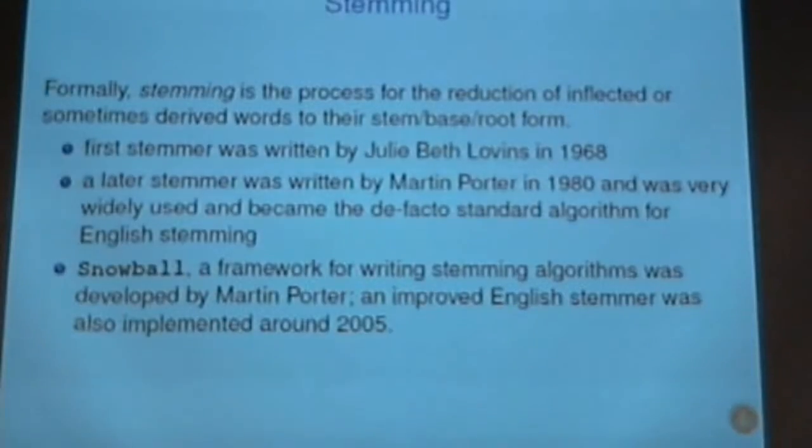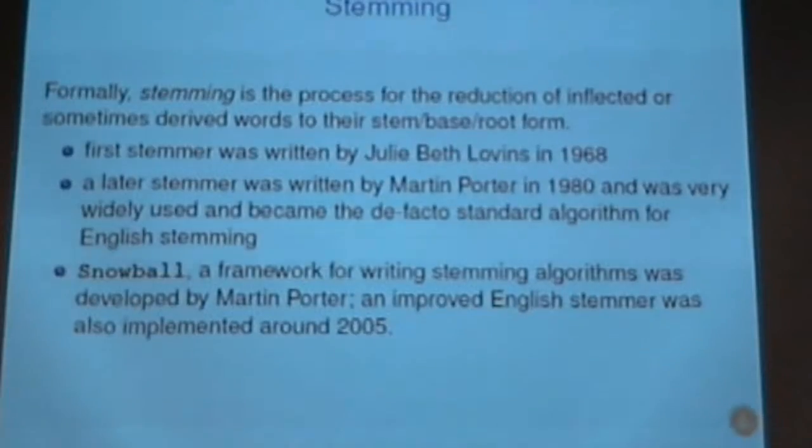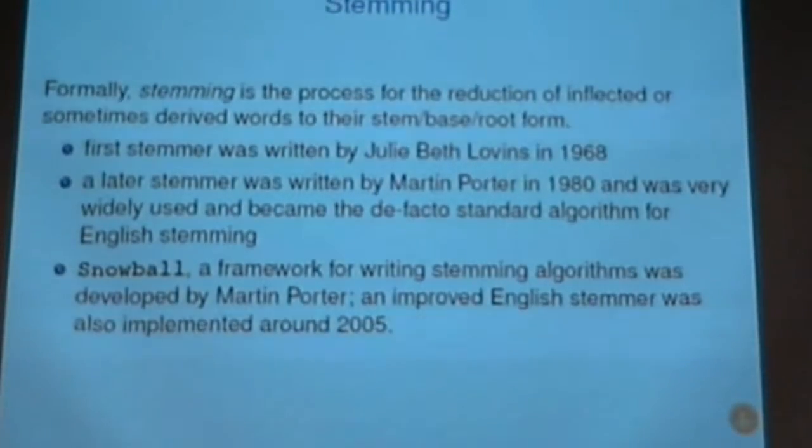Snowball is a framework for writing stemming algorithms developed by the same author. And an improved English stemmer was also implemented around 2005. Nowadays there are stemming algorithms for other languages as well.